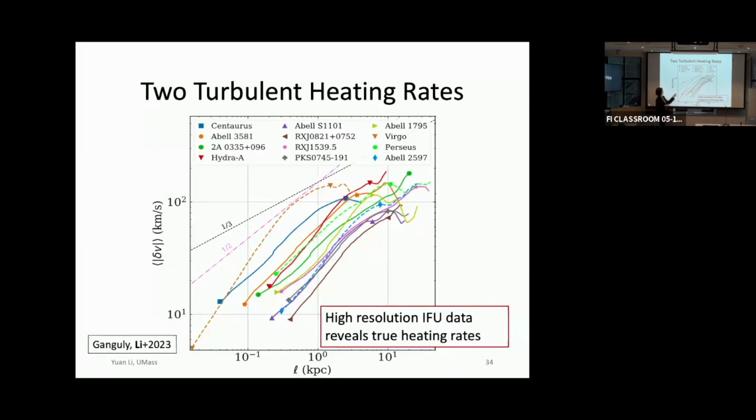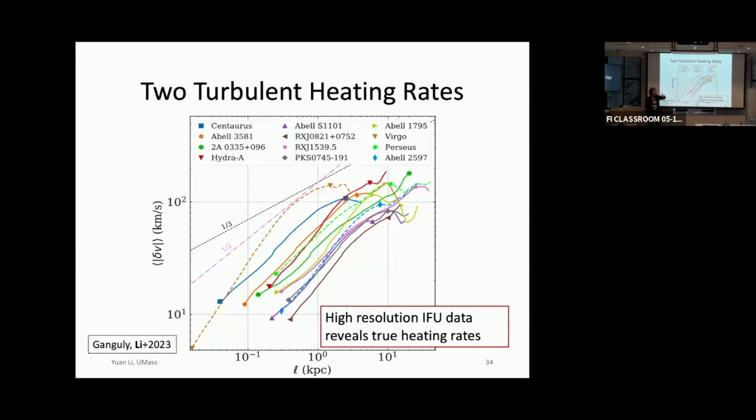Previously, the X-ray observers were inferring the level of turbulent heating based on the measurements here, because that's all they can probe. And if you were to extrapolate the amount of heating, you would use a Kolmogorov cascade and get a decent amount of heating, right?